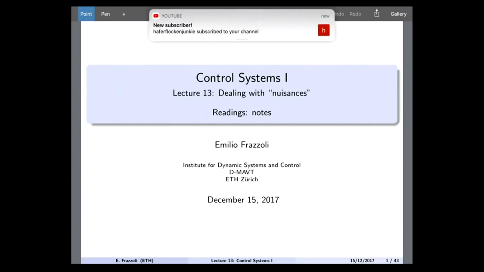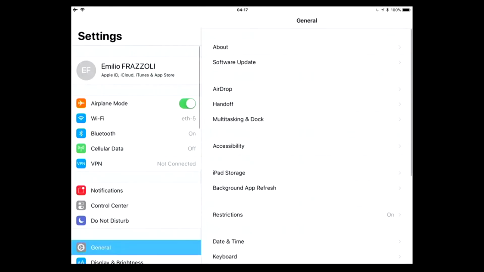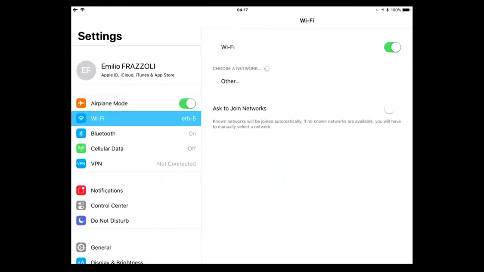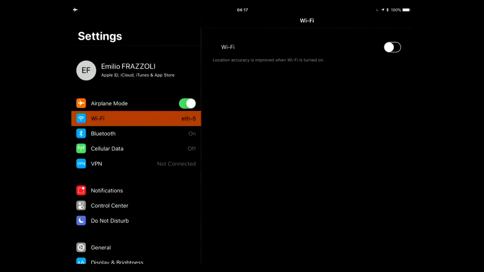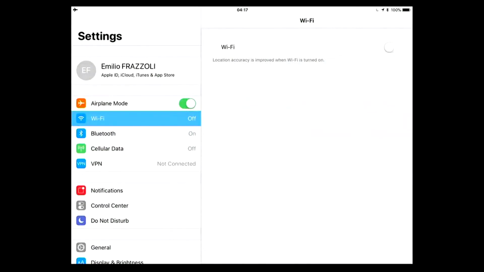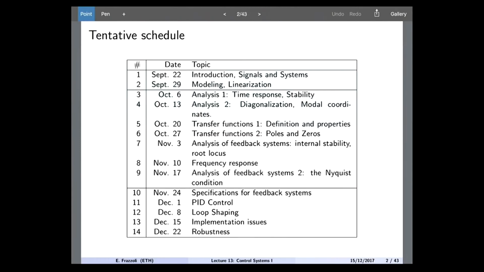Okay, so things that we have ignored up to this point, but they are things that you need to take care of, okay? So this is what I call nuisances, okay?